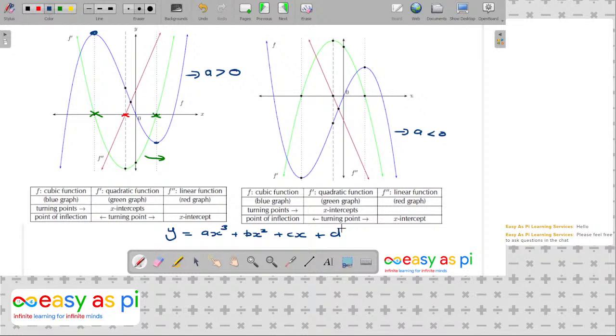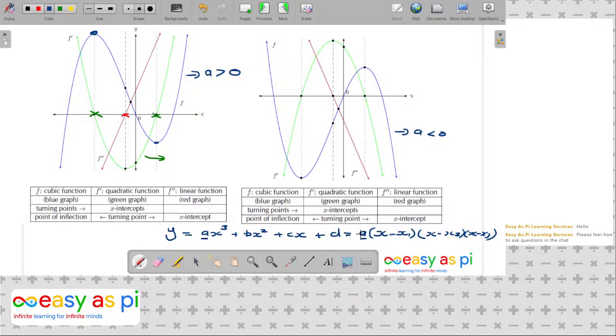Remember, this is one way to write the cubic function. Another way is the root form, written as a(x − x1)(x − x2)(x − x3). The a value in both is the same.